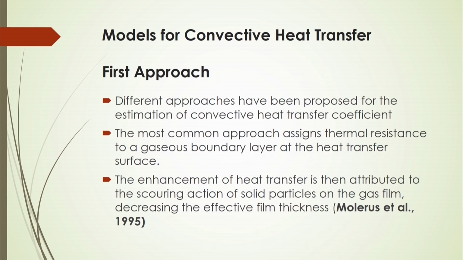Now, for the convective heat transfer coefficient, there are several approaches by which you can represent this convective heat transfer mechanism. Let us see the first approach, what is that. Different approaches have been proposed for the estimation of the convective heat transfer coefficient, and this first approach is the common one. The most common approach assigns the thermal resistance to a gaseous boundary layer at the heat transfer surface.